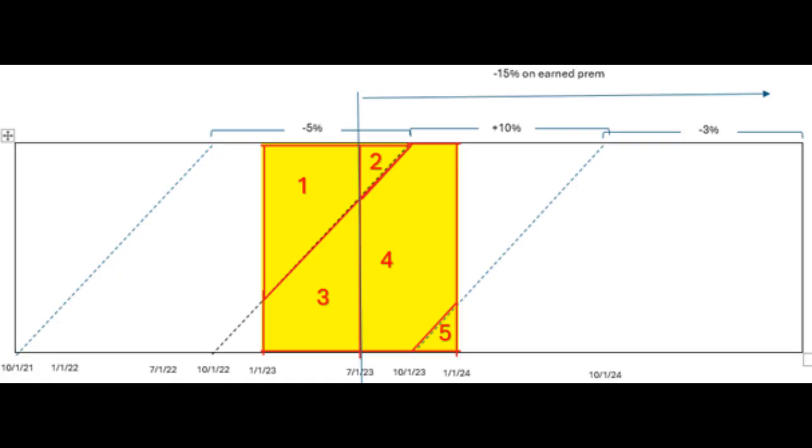Then I'm going to draw a square within that. That period is calendar year 2023, so from January 1st, 2023 to January 1st, 2024. And that's the period that I want to calculate the on-level factor for, calendar year 2023.